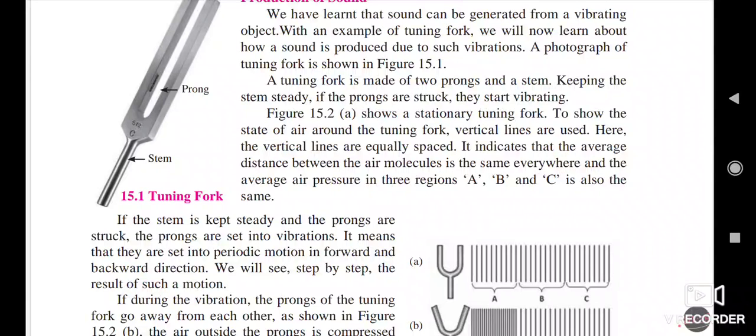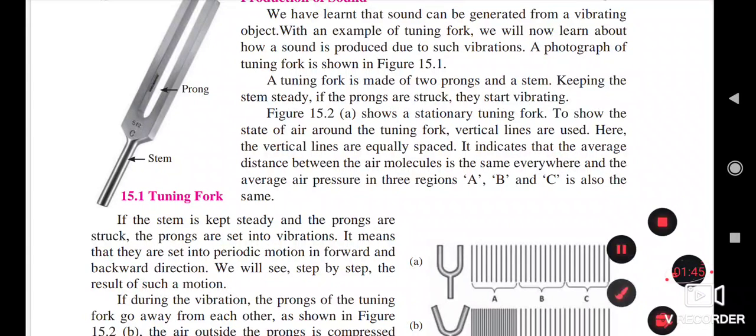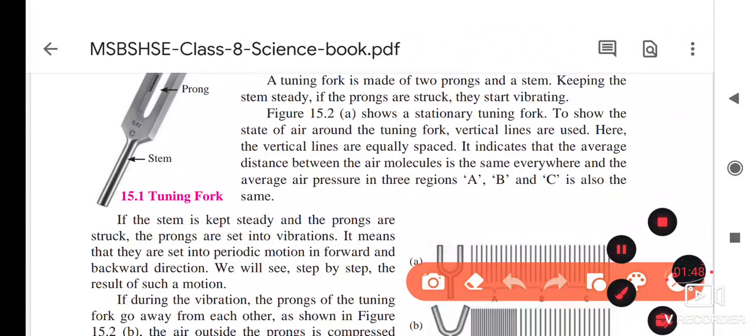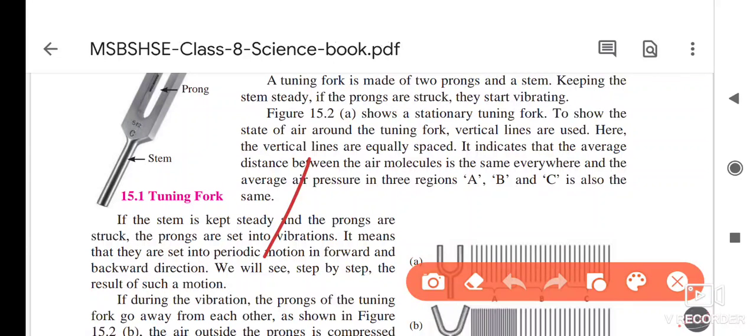A tuning fork is made of two prongs and a stem. So these are two prongs and this is a stem. Okay.